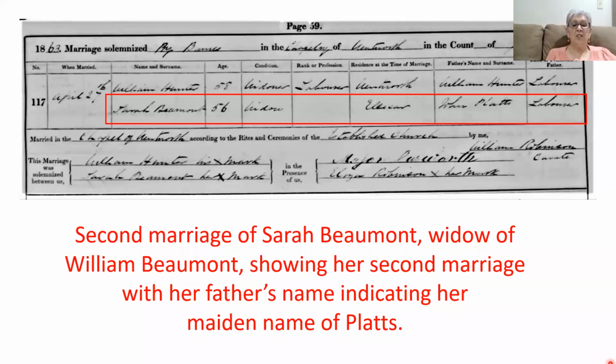Here's a second marriage of Sarah Beaumont, whose maiden name was Platt. Obviously they use her married name of her first husband as her name when she marries a second husband. So you don't always know, but you can see right there that John Platt is listed as her father, and she's listed as a widow. So that can give you the name of the father at least.